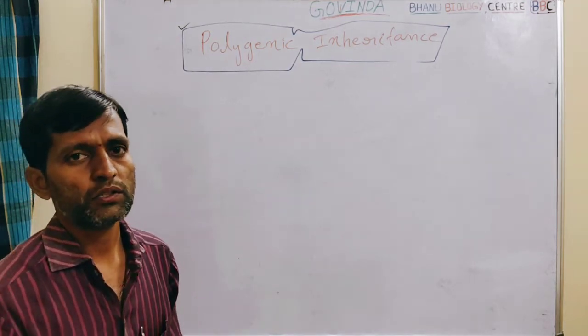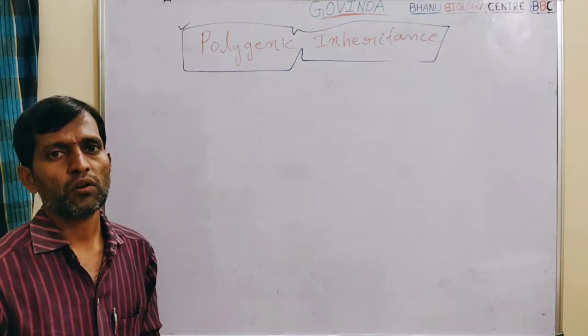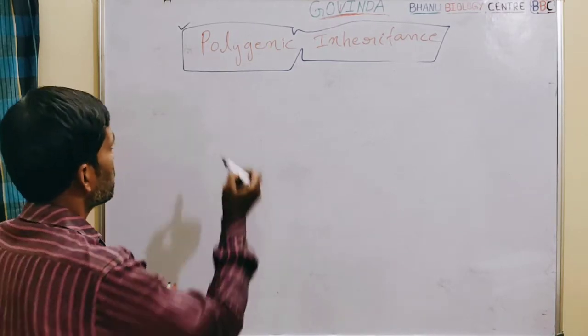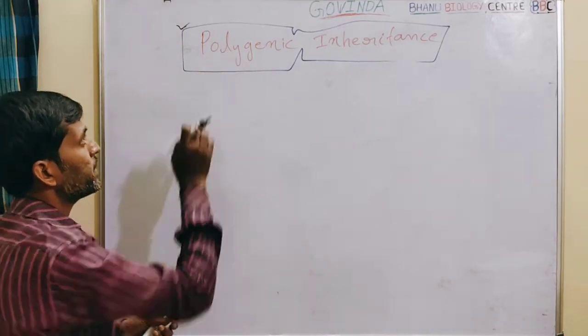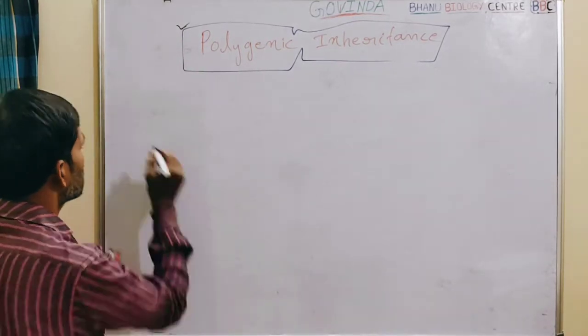In this video, we talk of another non-allelic interaction, that is polygenic inheritance. As the name indicates, poly means many, genic means genes.